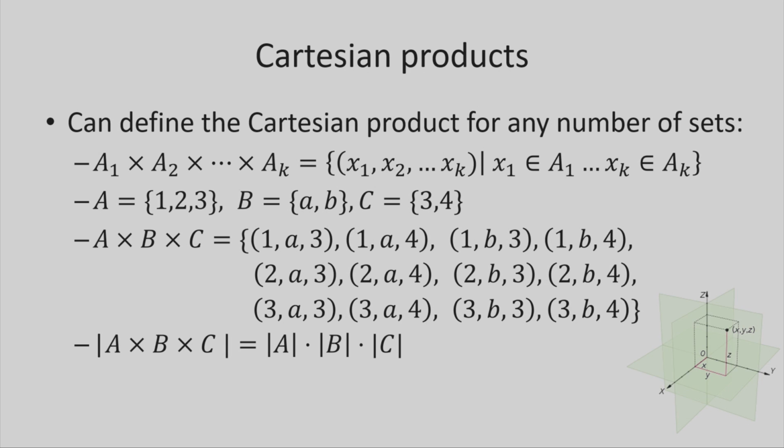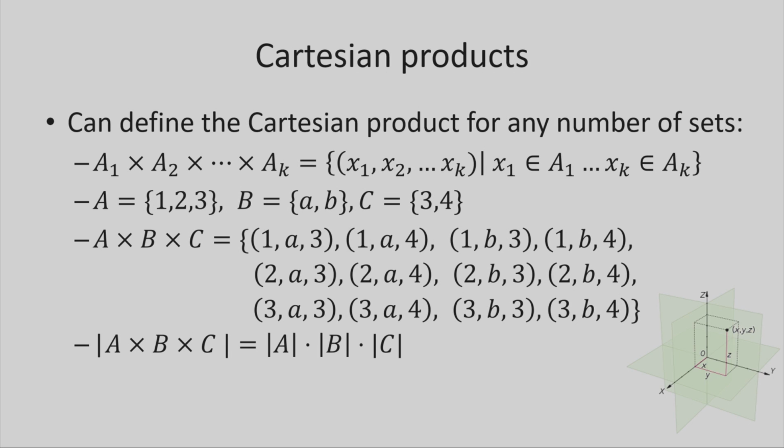In general, we could have a Cartesian product for any number of sets. Think now about 3-dimensional space, where you have an x-axis, a y-axis, and a z-axis. Your points are described by a triple of numbers, or in general just a triple of elements, and the number of points is the product of the sizes of those 3 sets.